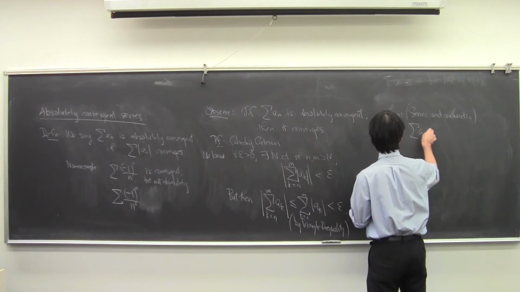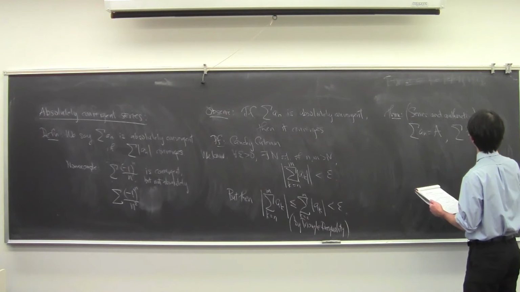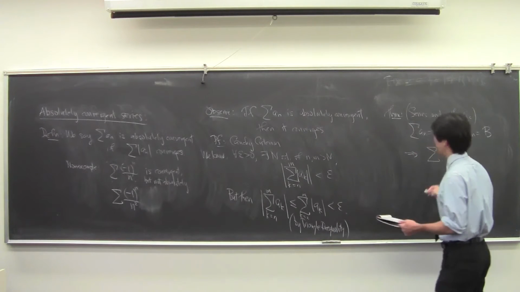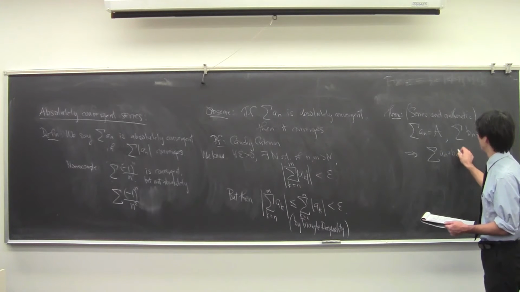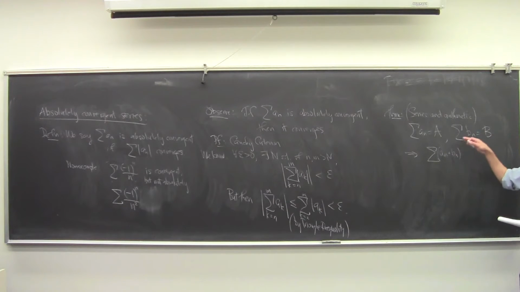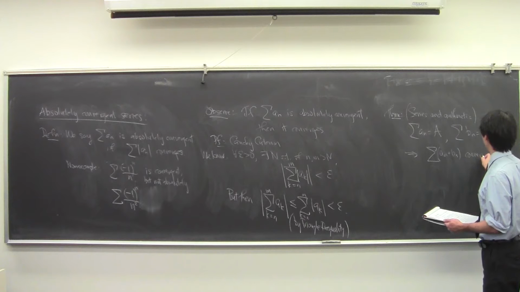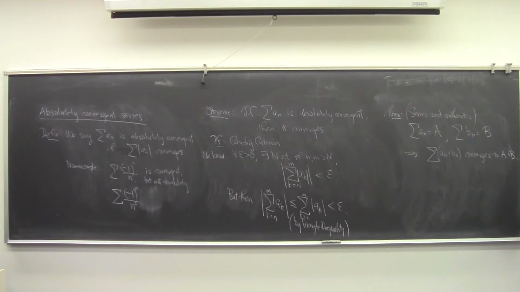If you have a series that converges to A, and you have another series that converges to B, then you make a series by summing these terms term by term. This will converge to the sum of the limits, excuse me.